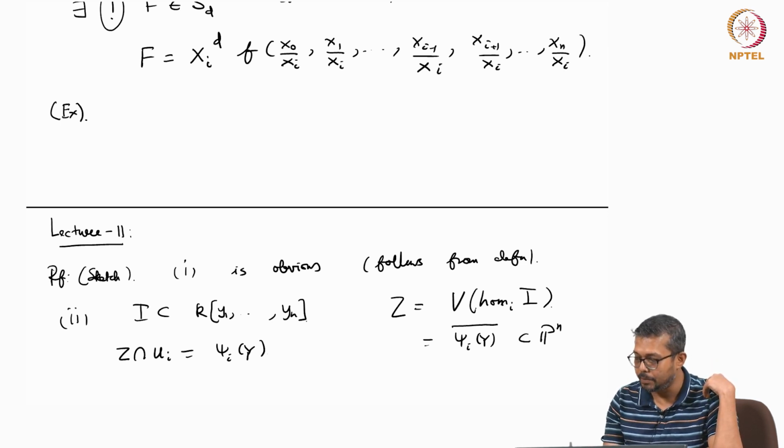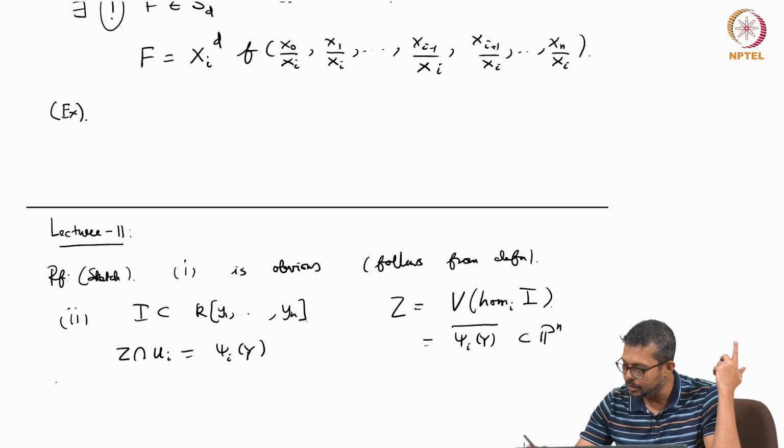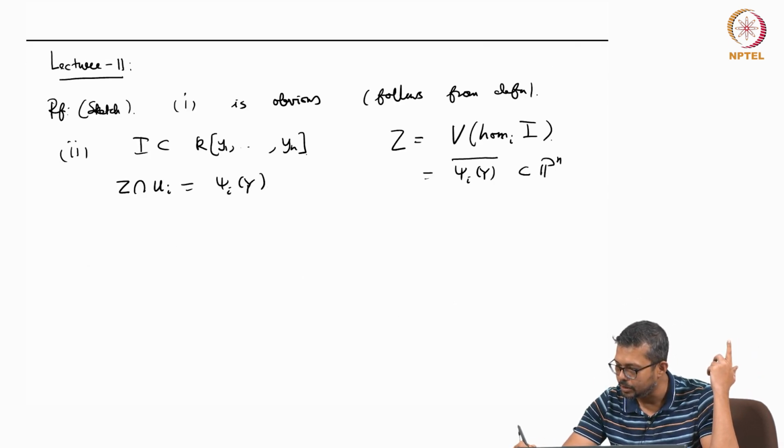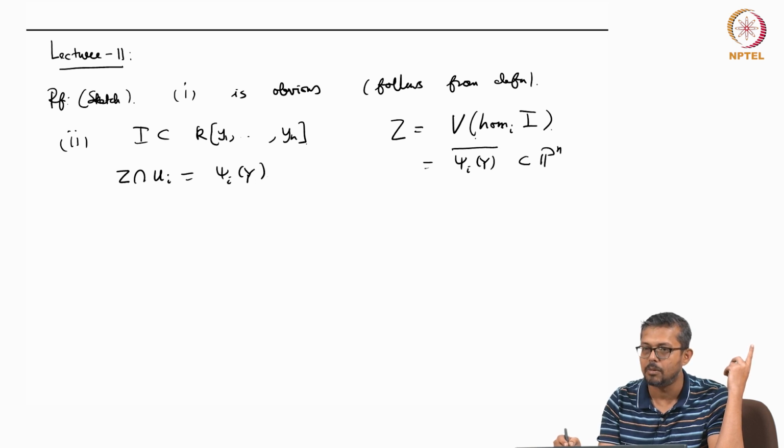So 1 and 2 will say that psi i is a bijection, that the inverse image of a closed set is closed, and the image of a closed set is closed. So that will say that psi i is a homeomorphism. I am not doing this checking. To show that Z is the closure of psi i of Y, you first prove that Z is a subset of the closure of psi i of Y, and then the other way.